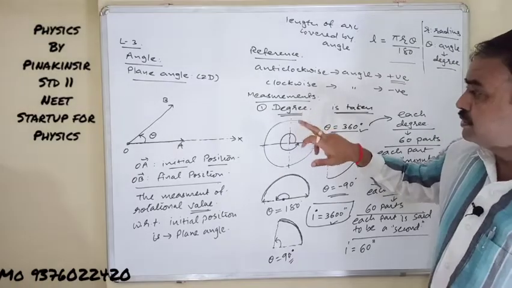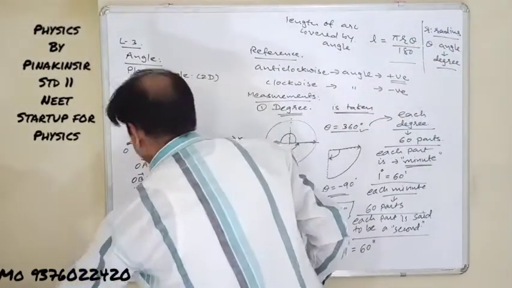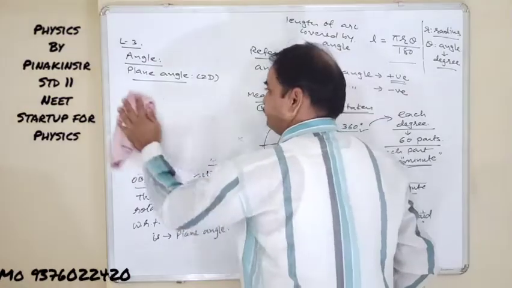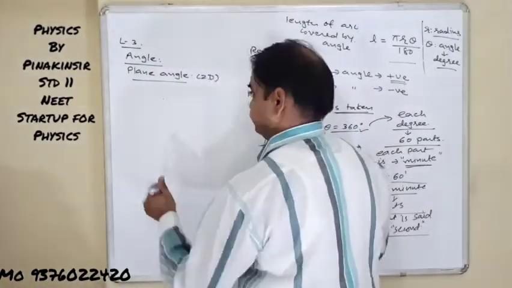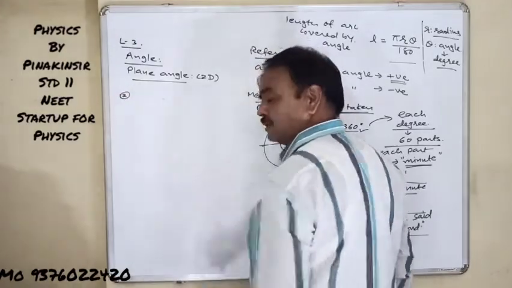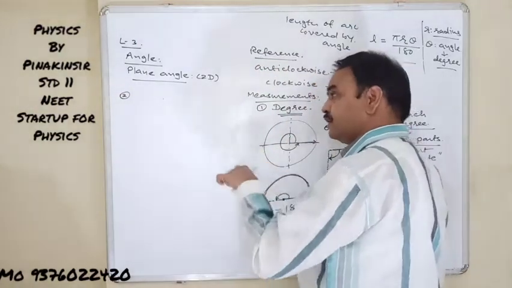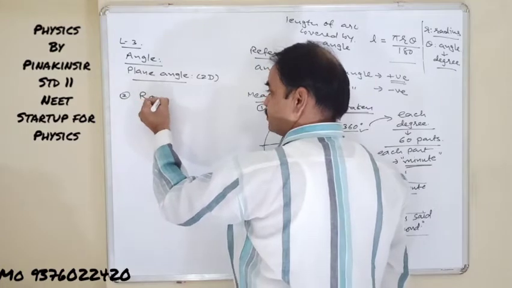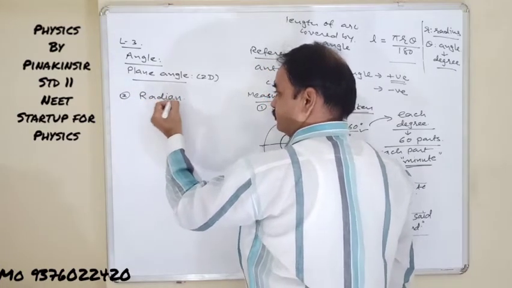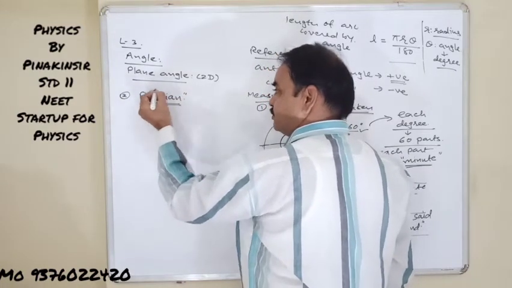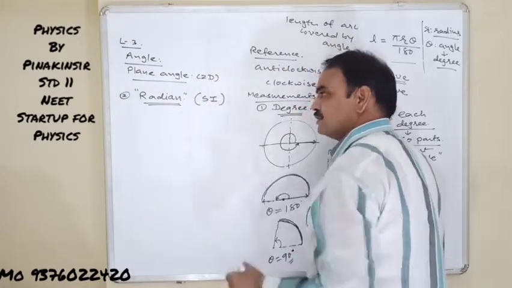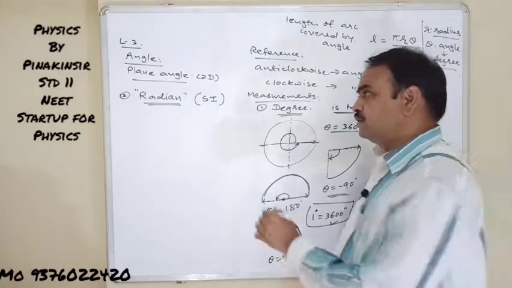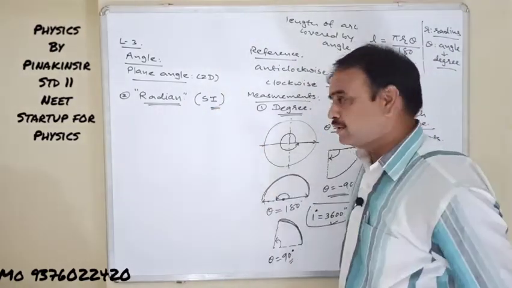The second unit, particularly for angle measurement, is nothing but radian. Number 2, angle is measured in degree as well as in radians. This particular unit is accepted in SI system, International System of Units. You will learn in second chapter in physics itself.